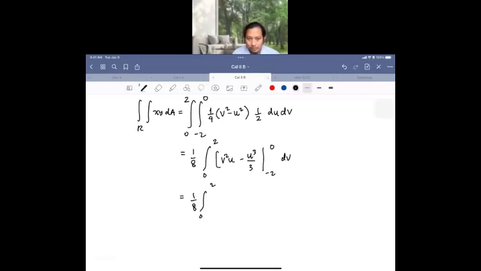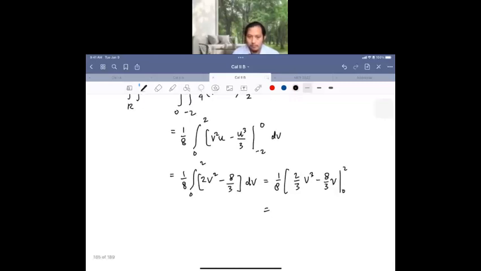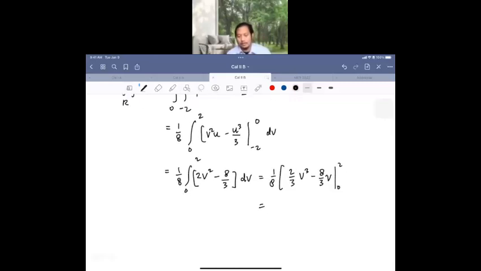So it's supposed to be positive 2v squared minus 8 over 3 dv. And this will become 2 over 3 v cubed. And surprisingly, it's 0, right? Surprisingly, it's 0.